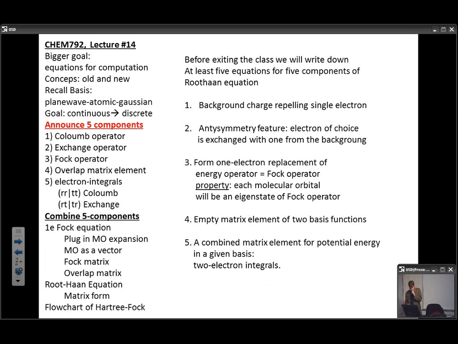Repeating what our goal is and what we want. We are going to discuss each of these 5 features and represent each of them in a mathematical way. So the repulsion of a selected electron by the rest of electrons, then this antisymmetric feature, the attractive type potential corresponding to exchange of electrons.